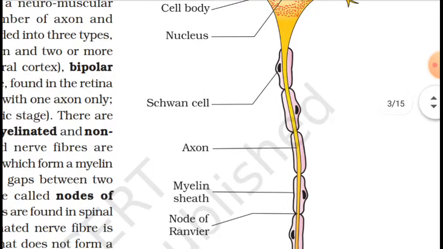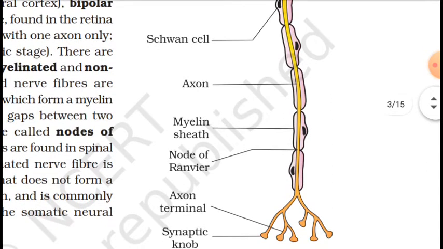The structure of the axon fiber we can see here. Schwann cells, then the myelin sheath, cover this fiber region, the axon region. So on the basis of this, it is myelinated or non-myelinated. When this accumulation is not there, it is known as the node of Ranvier.